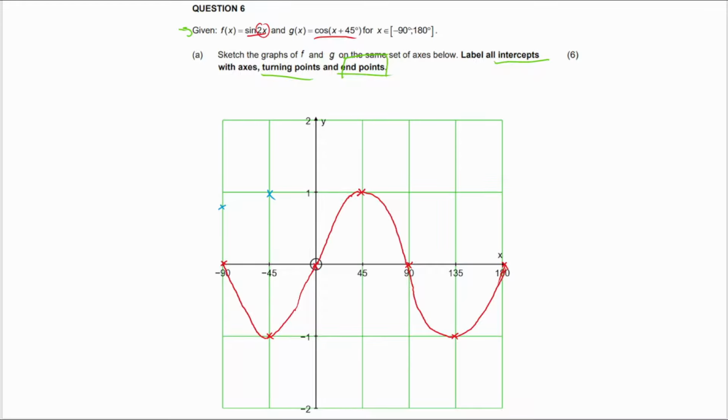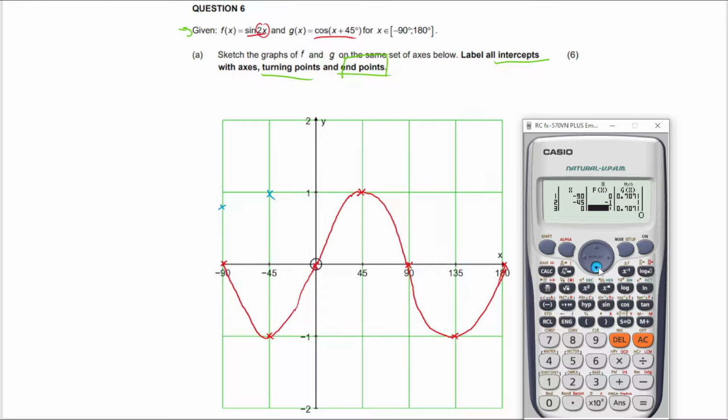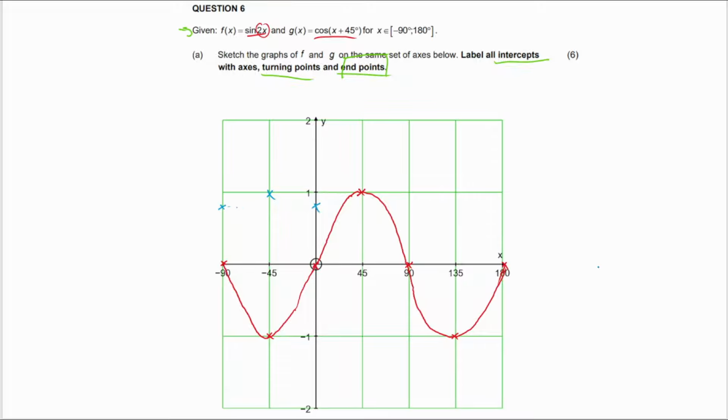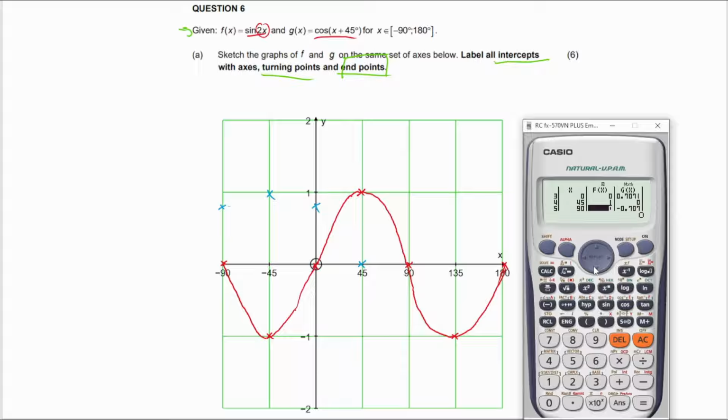Then at 0, we go back to 0,7. And then at 45, we're at 0. Then at 90, where are we? At 90, we're at -0,7. Then 135 is -1. And 180 is negative 0,7.